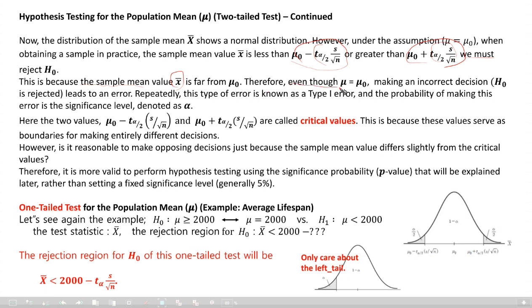Therefore, even though mu equals mu 0, the population mean is the given value mu 0, making an incorrect decision, H0 is rejected, leads to an error. Here, mu 0, this probability is what? Alpha over 2, here, alpha over 2. Okay? This value is here, that value is that.